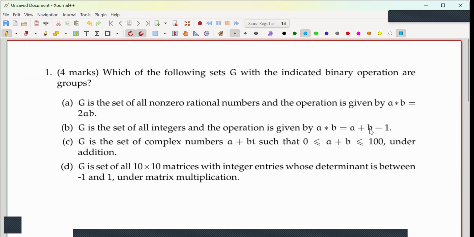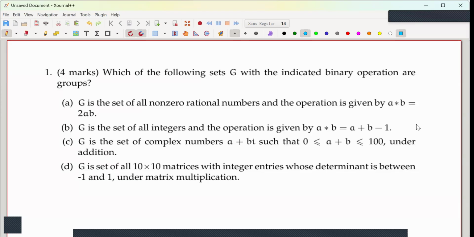First one is G is the set of all non-zero rational numbers, and the operation is given by A star B, which is 2AB. So it's not the usual multiplication of non-zero rational numbers. We are just scaling the usual multiplication by 2.